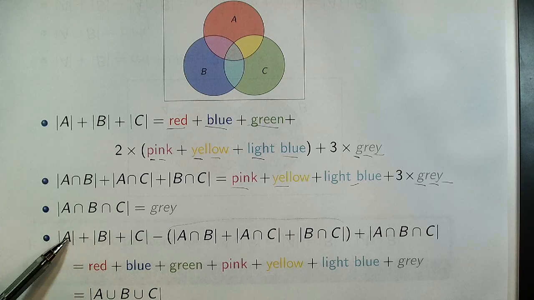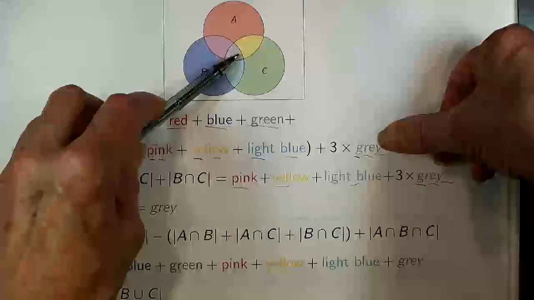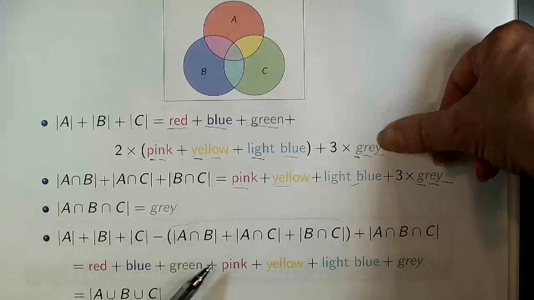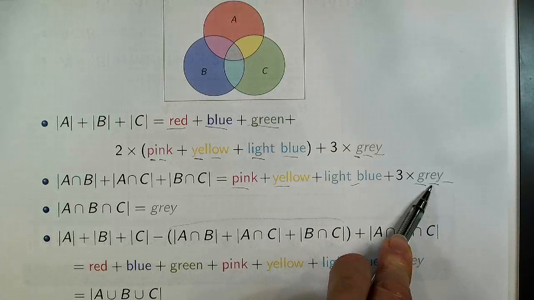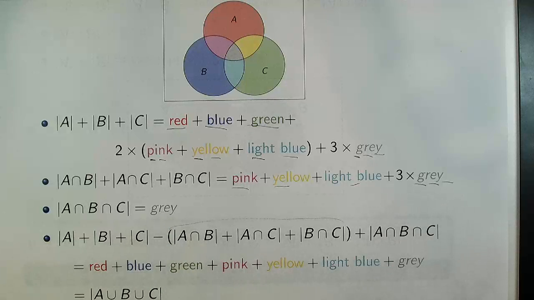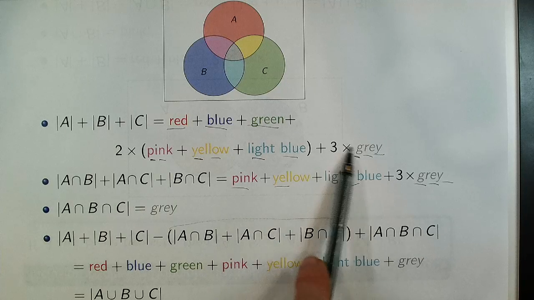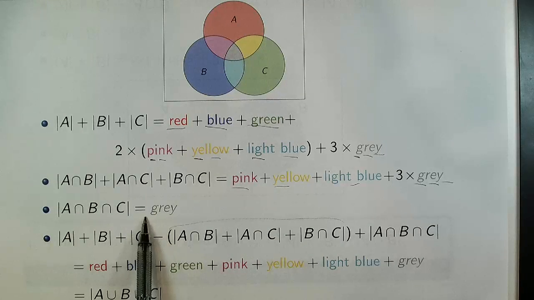We counted this number 3 times, the number in the grey region. Then we subtracted that off, which means we subtracted 3 times the number in the grey region, and then we added the grey back. Yes, question? So again, that's adding grey. We've got 3 greys here, then we subtracted off 3 greys, and then we added it again.